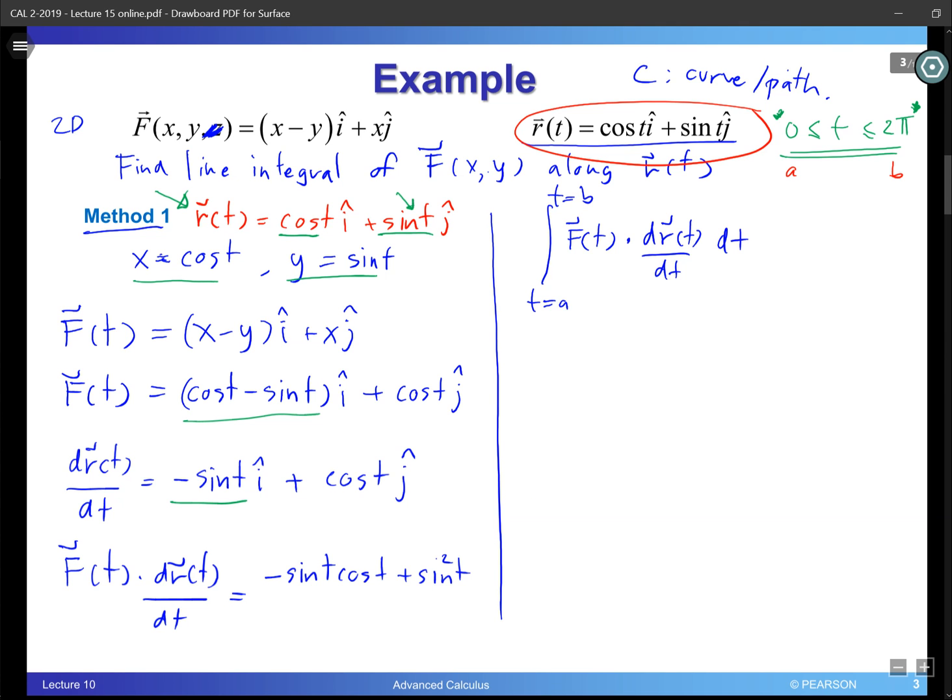Alright, and then plus the product for the next component, that is j component. The product of that, we have plus cosine t square.